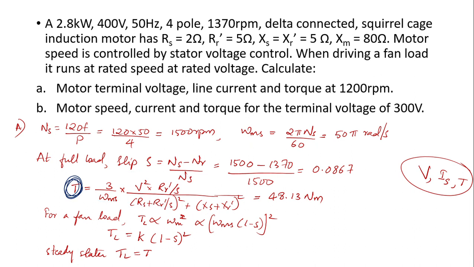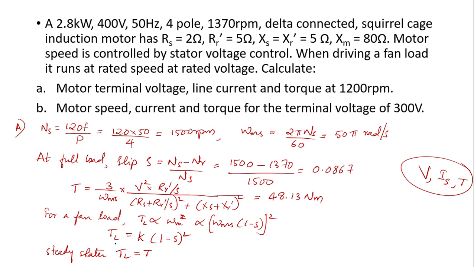If you get the value of torque, you can find out the terminal voltage, or if I get the terminal voltage, I will get the torque. But it's difficult to find the terminal voltage because you don't know the value of current. So everything ultimately is interconnected, and you have to look at some other method.